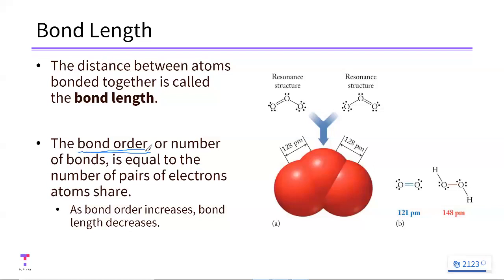Here in ozone, we can tell from the distance, wait a second, it's not a single bond, it's not a double bond, it's kind of in between. So what do we do about bond order in those cases? The bond order has to be somewhere in between as well.